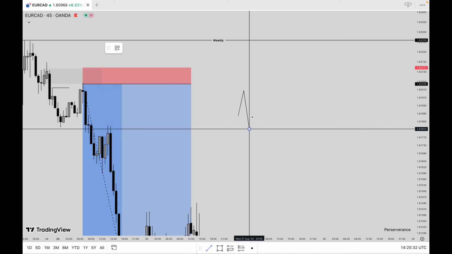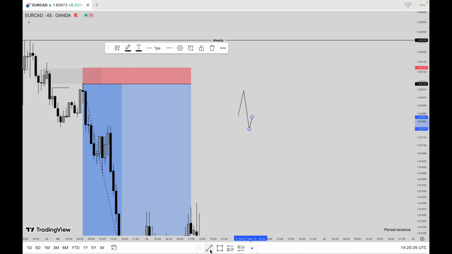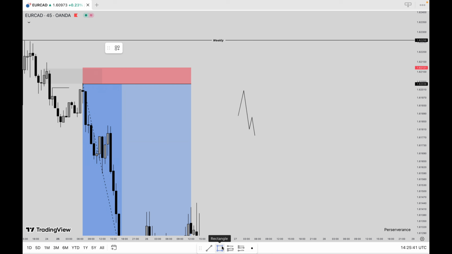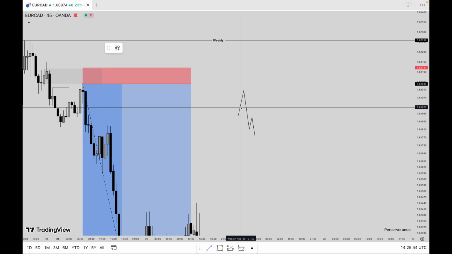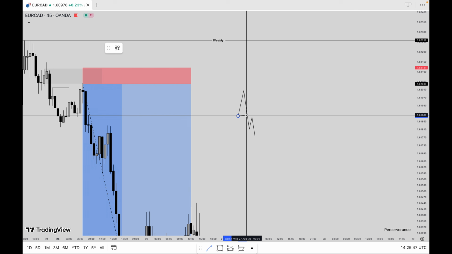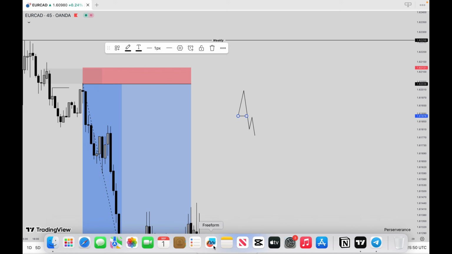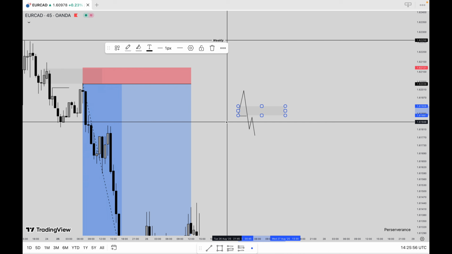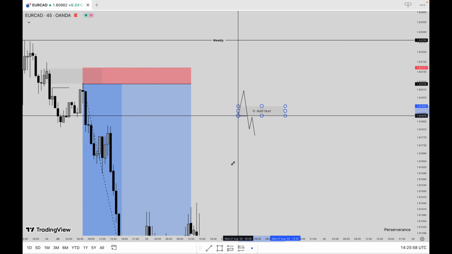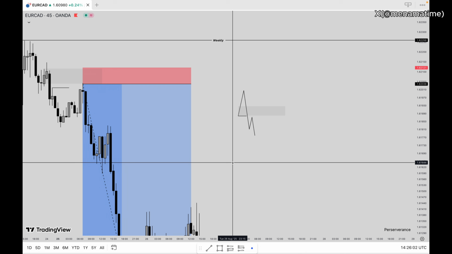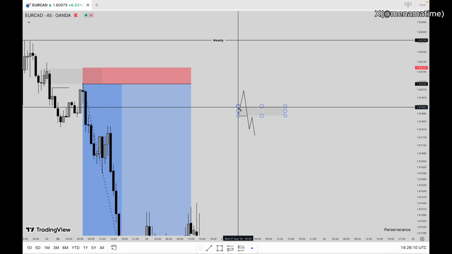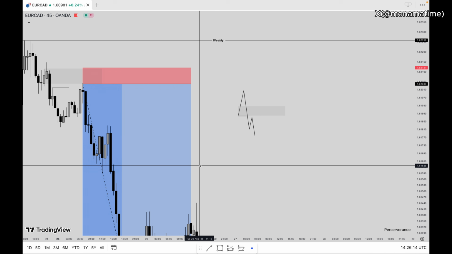Then we have the inducement here, and then to confirm our inducement, we have this break of structure. Most people make the mistake of thinking that the point at which the market created a market structure shift or a break of structure is the point of interest they're expecting price to come back and sell from. But that is not the point of interest. That is the market structure shift or break of structure. The candle, which means the POI before this market structure shift, is your point of interest.